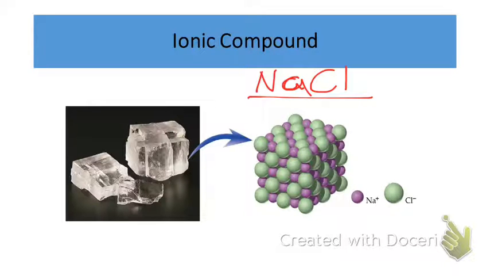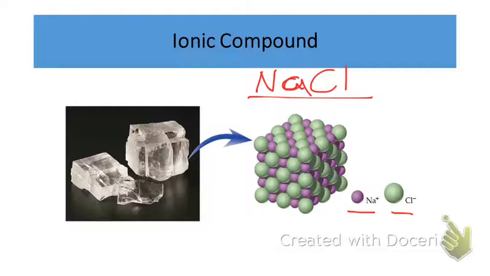Now, in this model, the sodium ions are the ones in purple, and the chlorine ions are in green. And so we can see that the sodium ions are attracted to the chlorine ions and vice versa to create strong ionic bonds, which then results in this nice crystal structure that is an ionic compound.